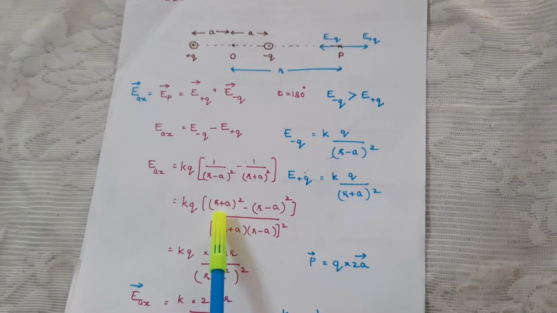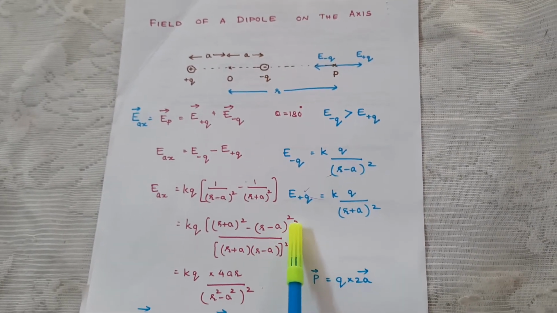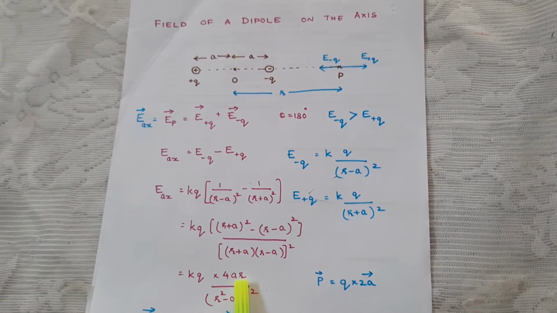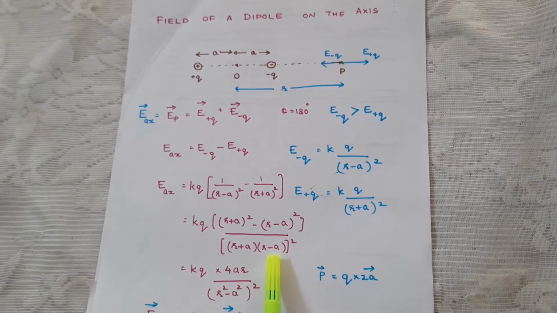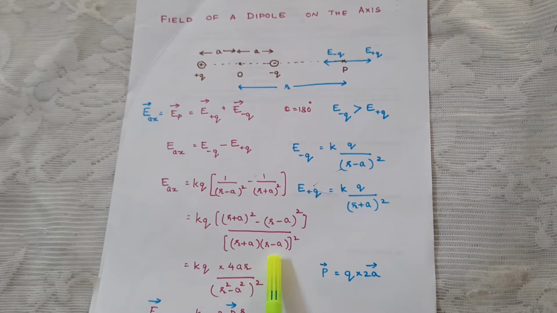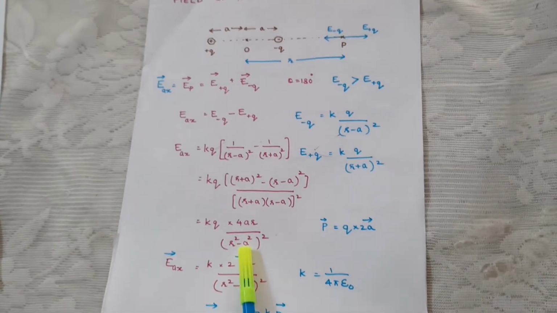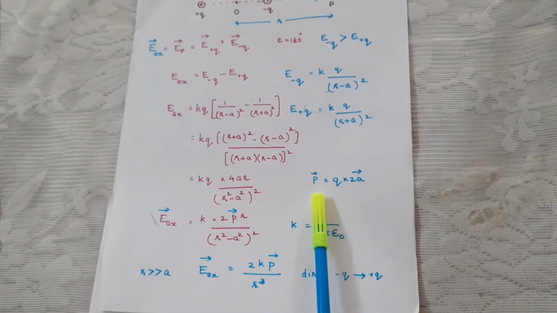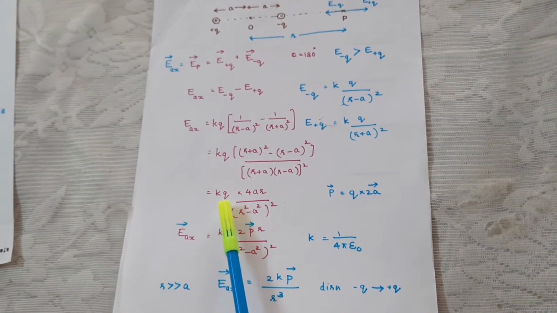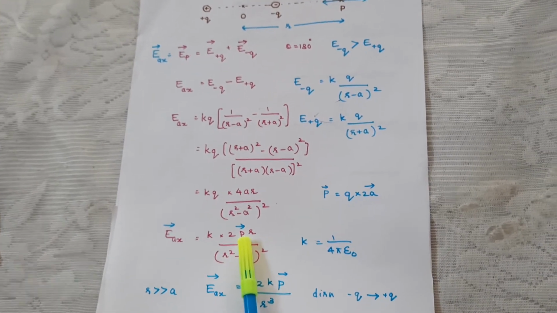The numerator is (r plus a) the whole square minus (r minus a) the whole square, and it is equal to 4ar, and the denominator is (r plus a) into (r minus a), that is (r square minus a square) the whole square. But the dipole moment P is equal to q into 2a. So q into 4a can be written as 2P.